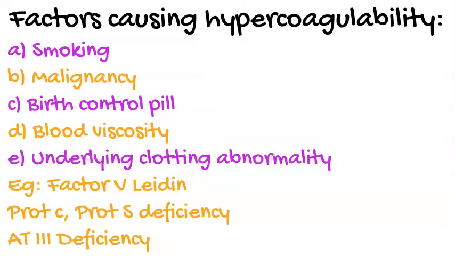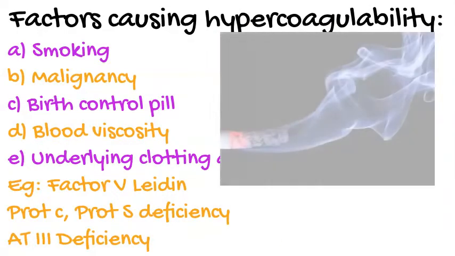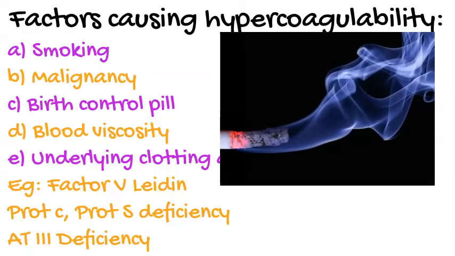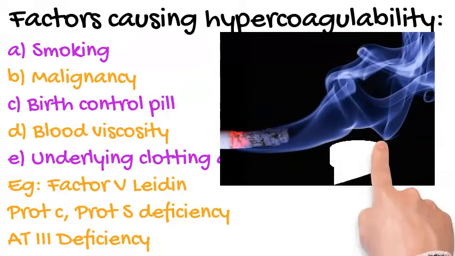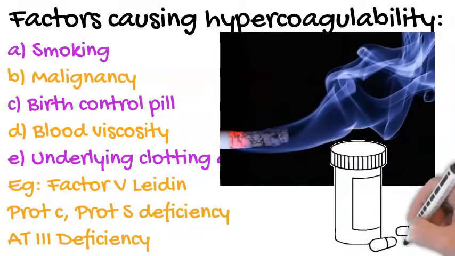D. Increased blood viscosity, and E. Underlying clotting abnormality. Examples are factor 5 Leiden, protein C and protein S deficiency, antithrombin 3 deficiency, and activated protein C resistance that will increase blood clotting ability.